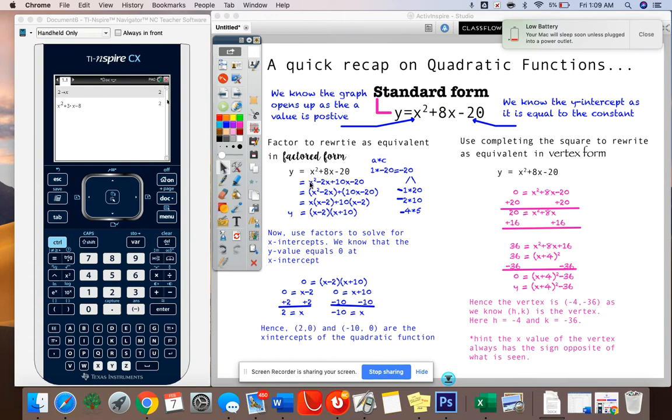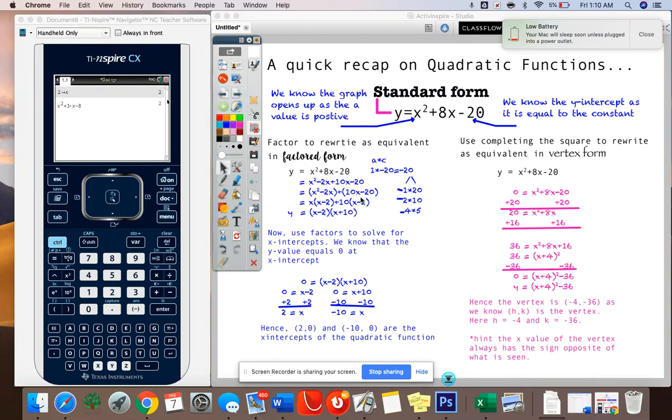So I've rewritten our expression as x squared minus 2x plus 10x minus 20 because negative 2x plus 10x simplifies to 8x. From there, we're going to proceed by factoring by grouping. Let's make two groups. Then we'd factor the GCF out of each group.